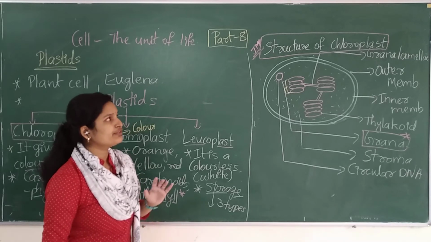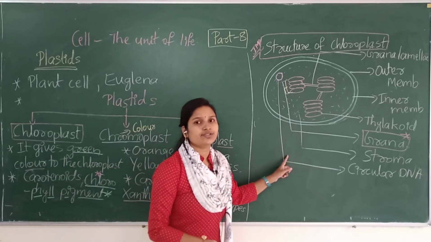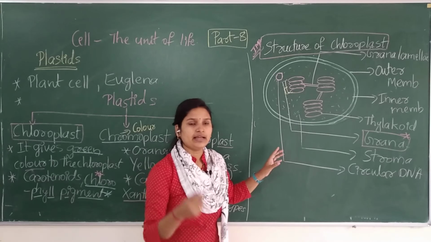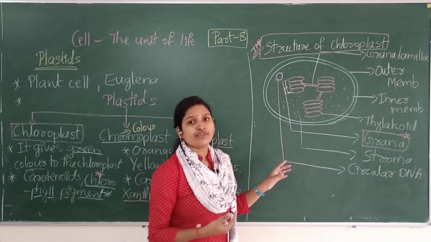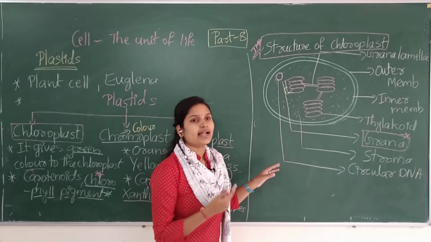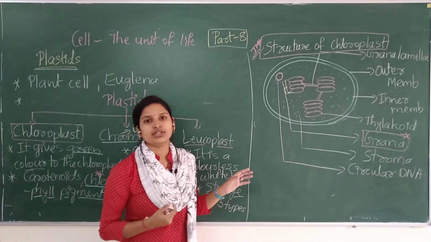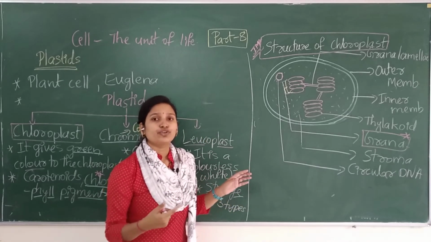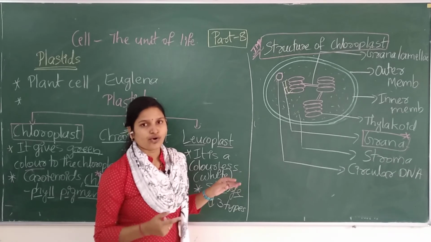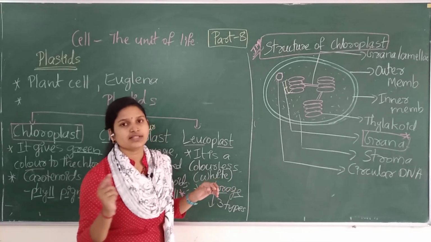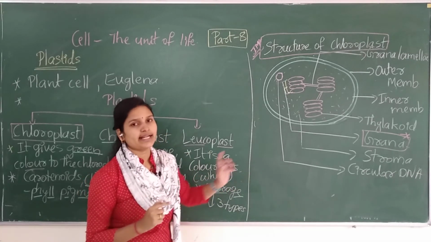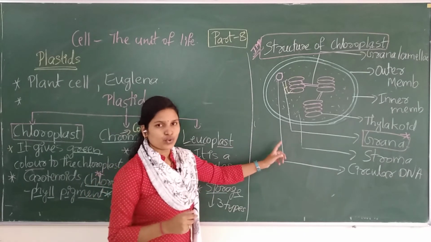After that we studied the detailed structure of chloroplast, which is present in the mesophyll cells of the plant, the site where the photosynthesis process occurs. To understand photosynthesis, you should have a clear idea about the structure of chloroplast.